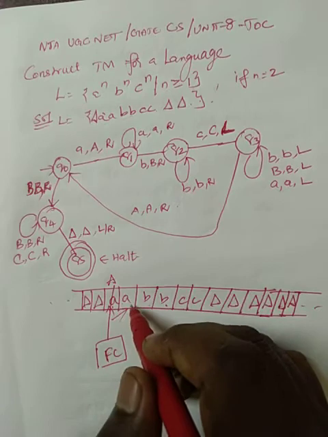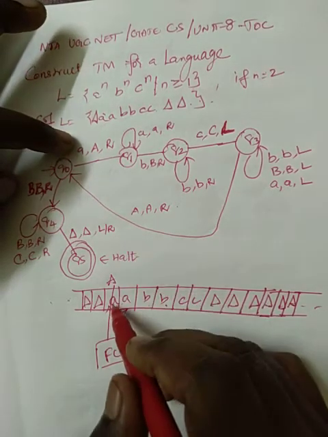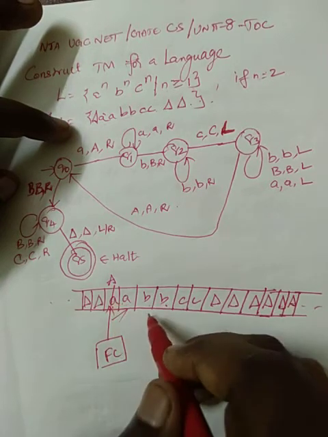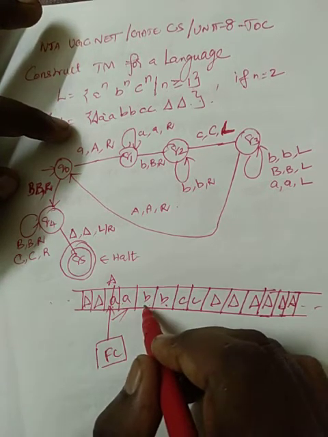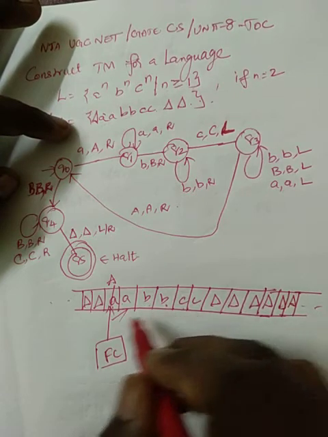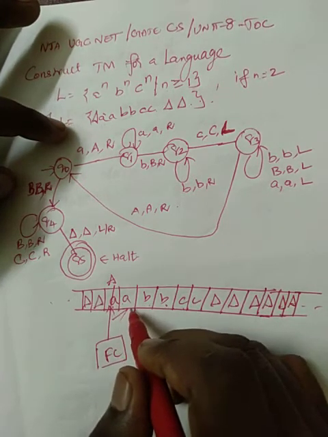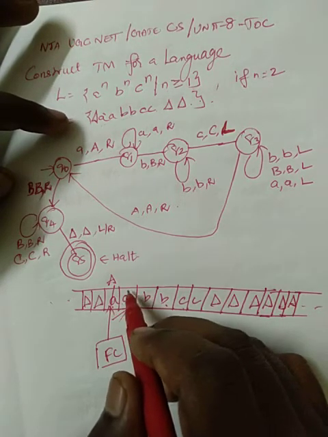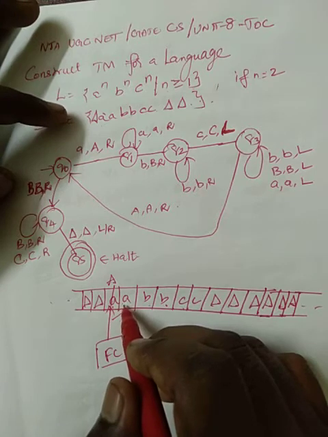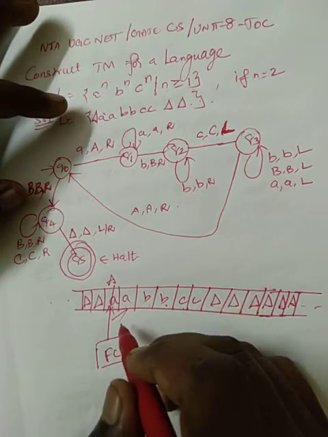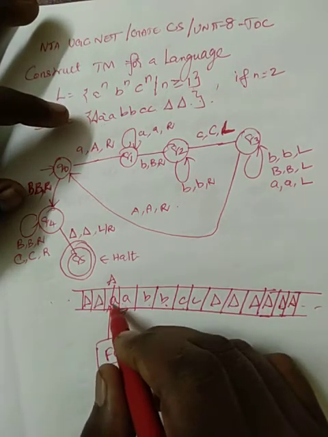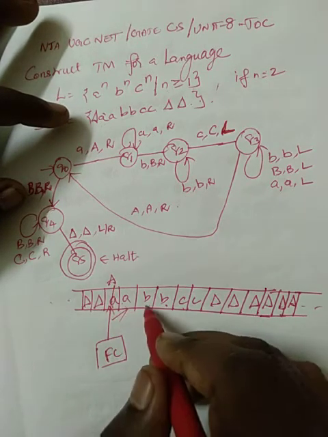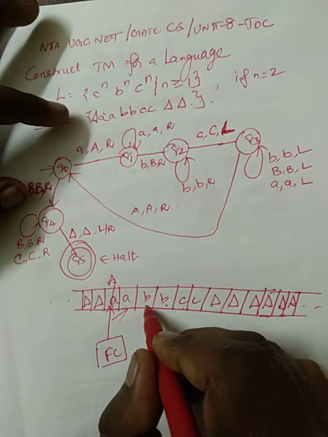If you recognize a single a, it has to recognize a single b followed by a single c, and any other symbols in between it has to keep as they are, without replacing them with the output tape symbol. After a single a is replaced by capital A, your target should be the small b.